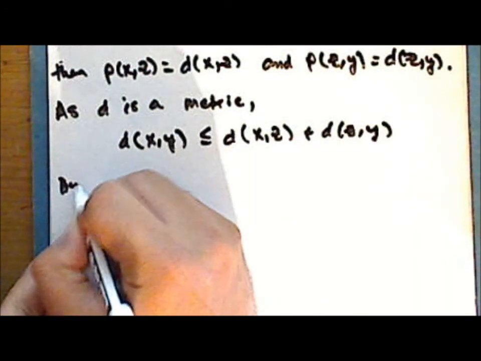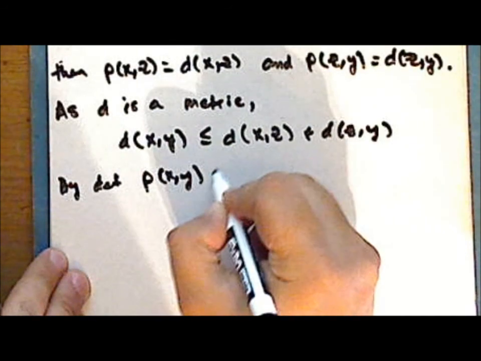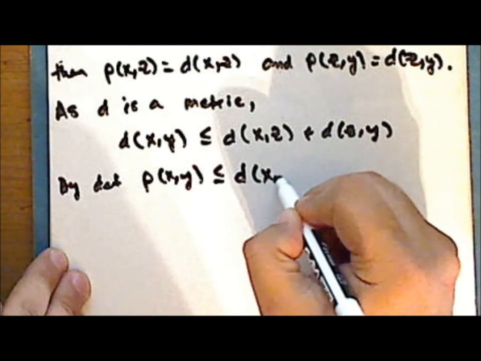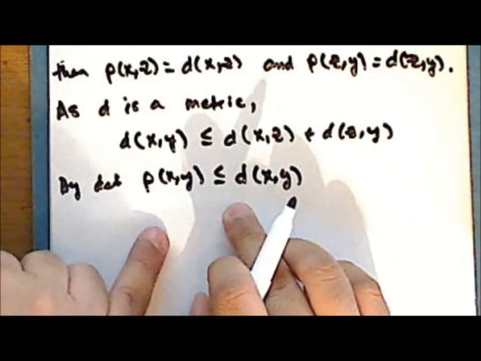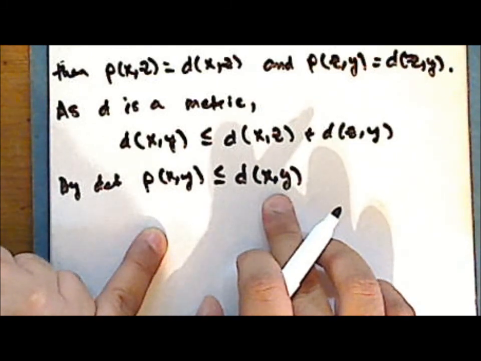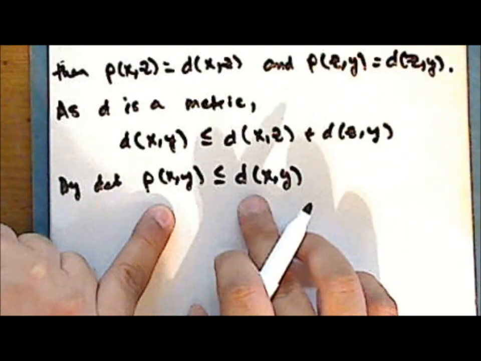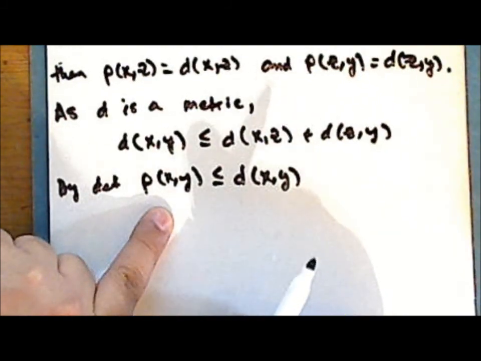And by definition, rho of xy is less than or equal to this distance from x to y under the metric d, because if d of xy is greater than 1, then rho of xy is equal to 1, and if it's less than 1, then they are equal.